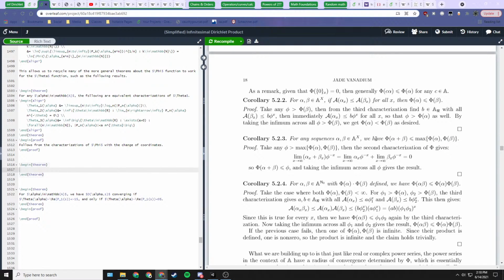No. Not this one. I think we want this one. Actually, we could do both of these. Oh, this is an error.